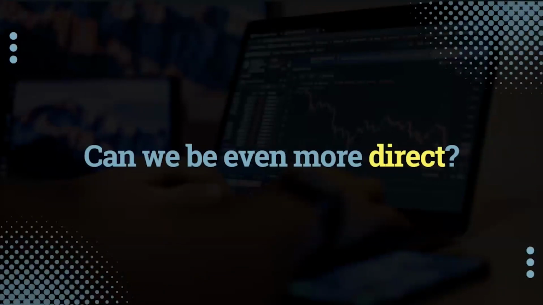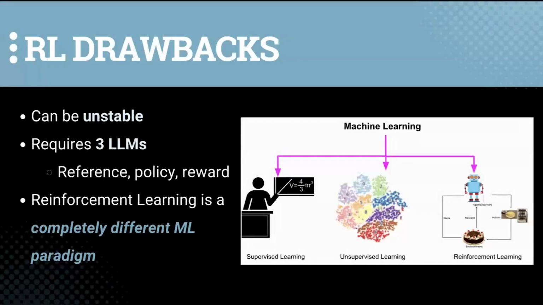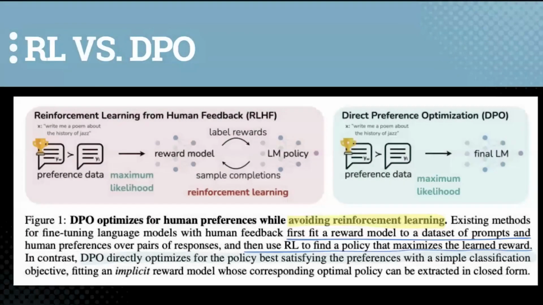DPO asks, can we be even more direct? Because there are some instability aspects to trying to do a reinforcement learning optimization algorithm. And if we can move it out of the reinforcement learning paradigm completely, if we can reduce the number of LLMs that we require and get just as good results, that seems like it would be useful.